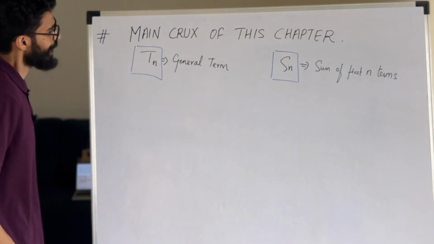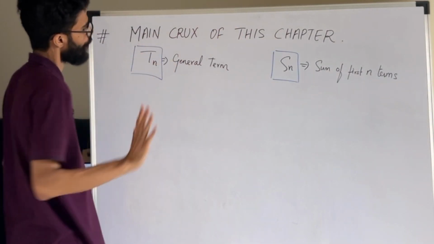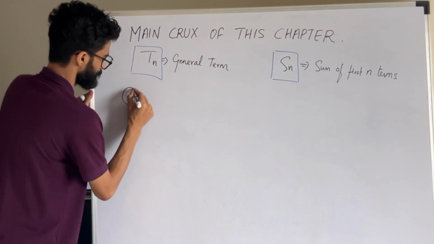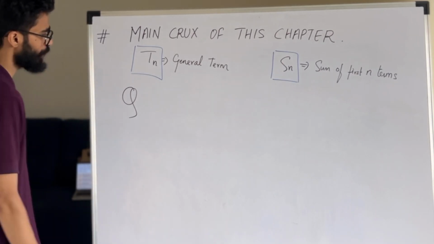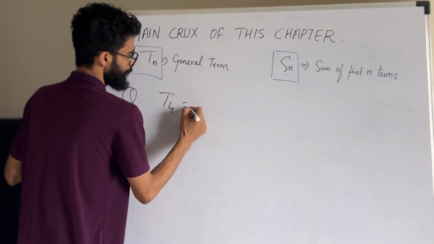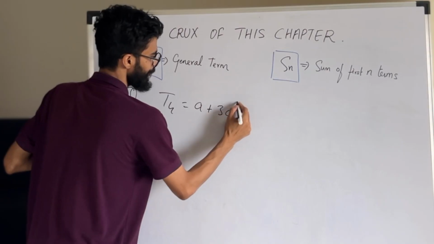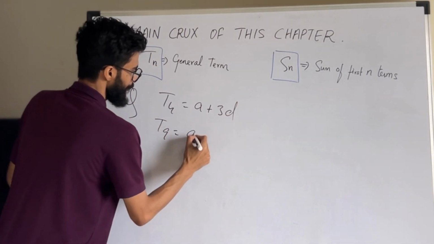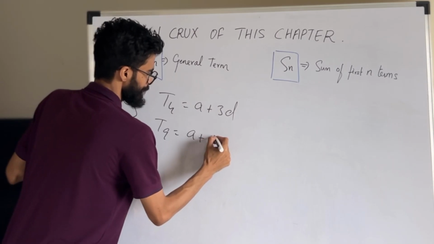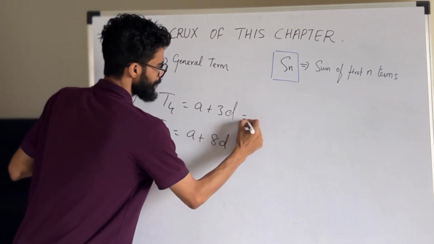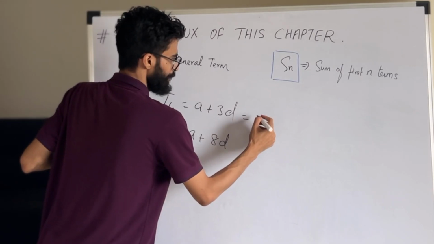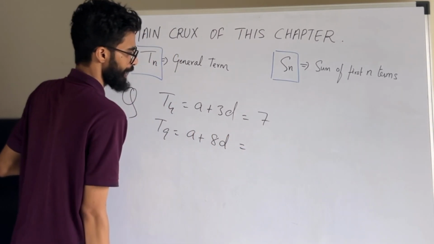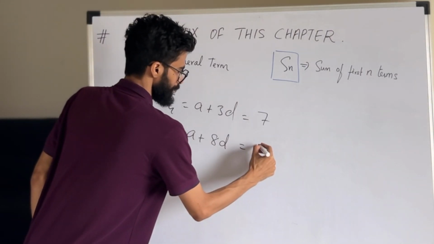Now let's understand the main crux of this chapter. See, in a question, they will either give you fourth term is a plus 3d and ninth term a plus 8d is equal to, suppose ये है 7 और ये है suppose 21.